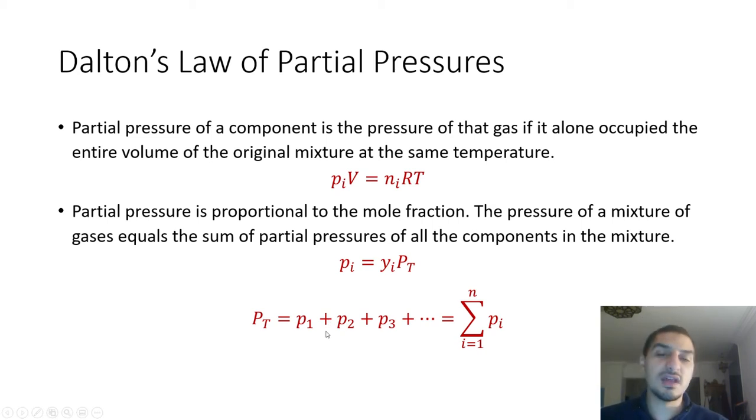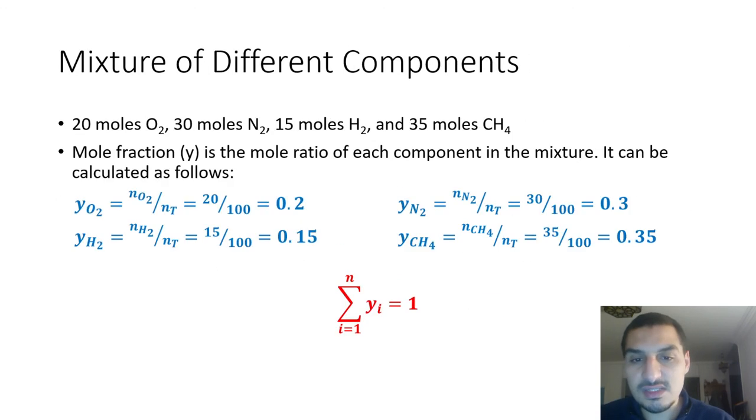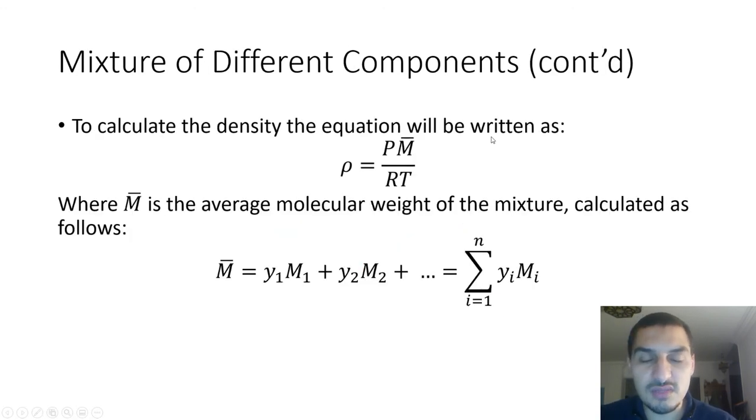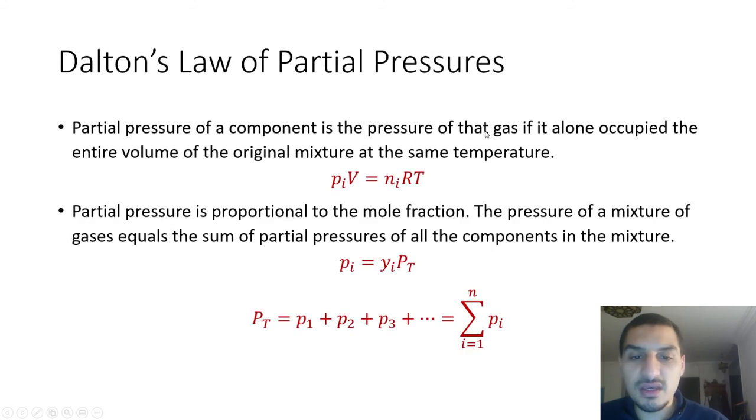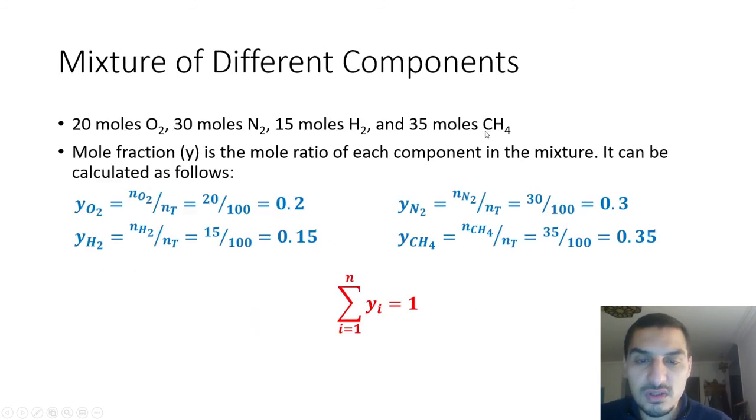For instance, I have a mixture of these 4 components: oxygen, nitrogen, hydrogen, and methane. And I know that they are all at, for instance, 10 atmospheres. The 10 atmospheres are not only for oxygen, not only for nitrogen, not only for hydrogen, not only for methane, it's for all of them.